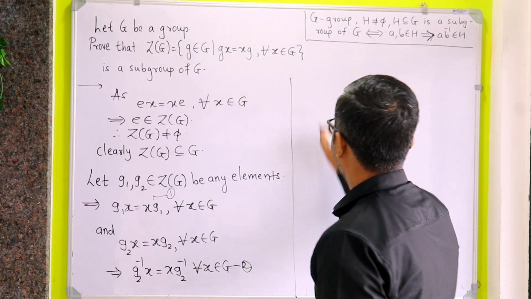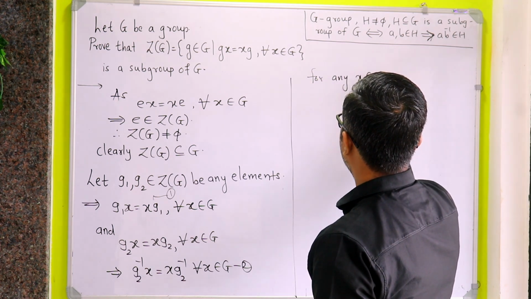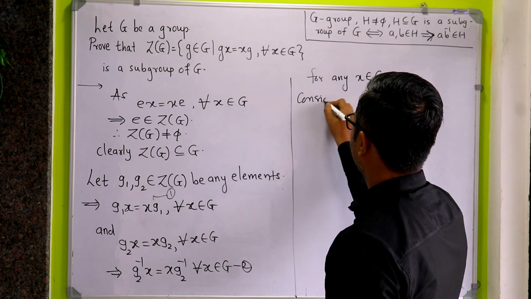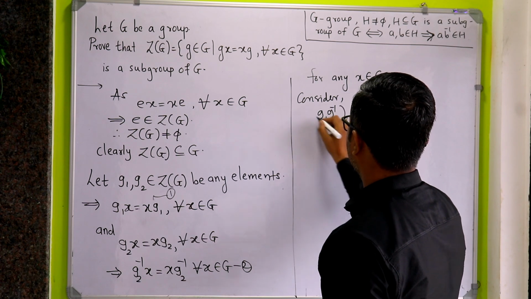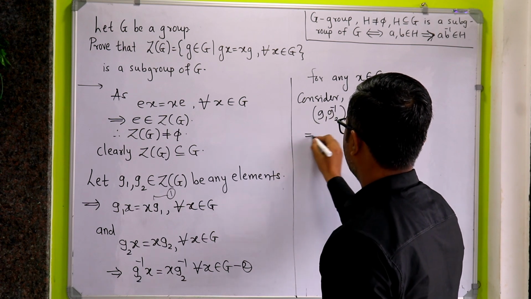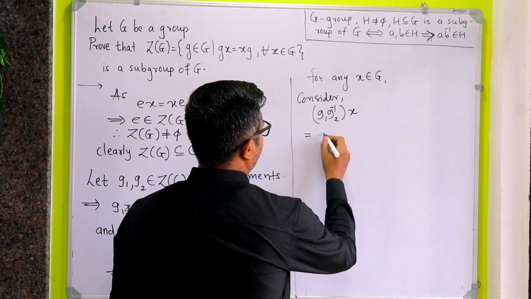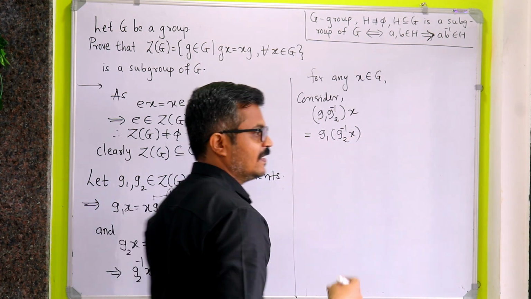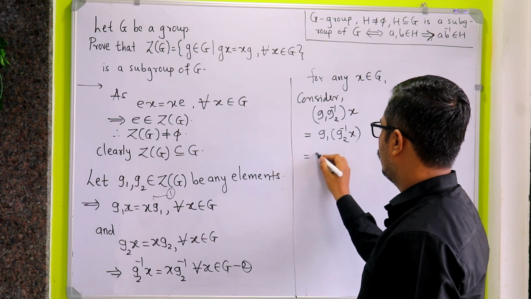So for any x belonging to G, I will start with g1 g2 inverse x, which is further equal to g1 (g2 inverse x). This is simply by using the associative property in a group, which is further equal to g1.